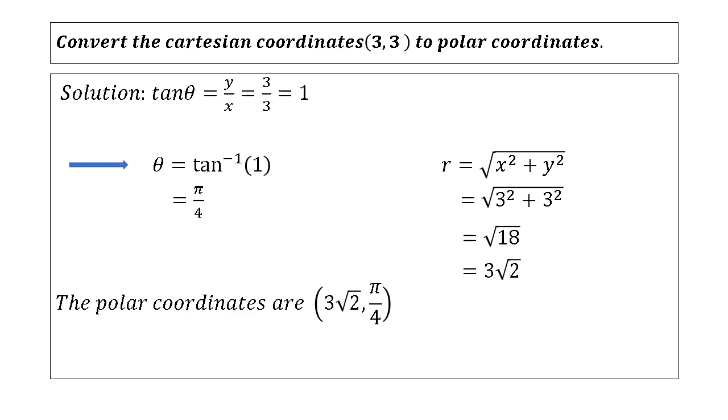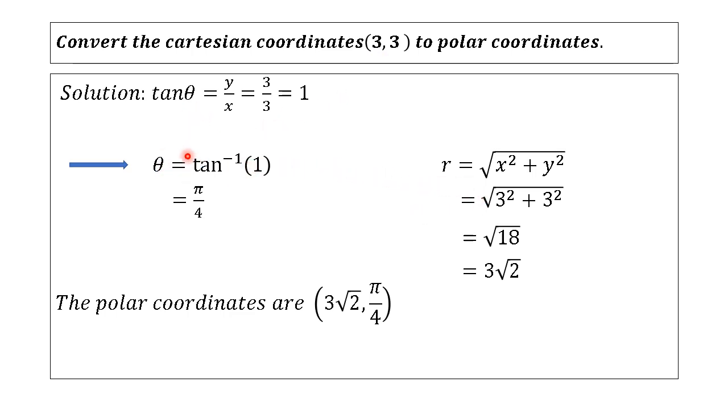Next one, convert the Cartesian coordinates x comma y, here x is 3 and y is also 3, to polar coordinates r and theta. Here we have to find the value of r and theta. We are given the values of x and y, 3 comma 3, and need to solve for theta and r.